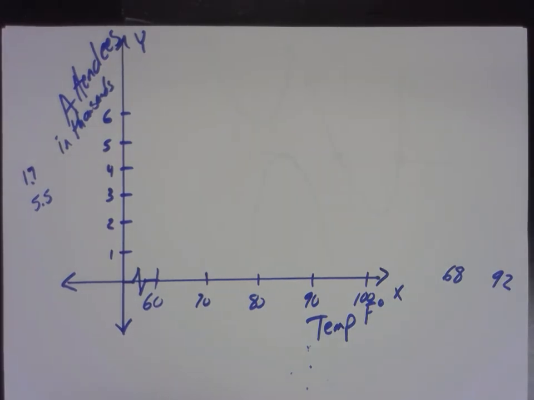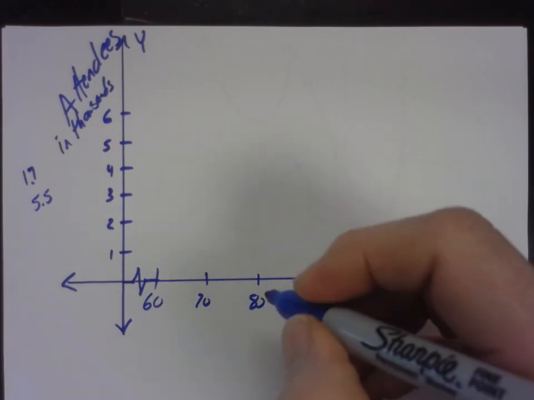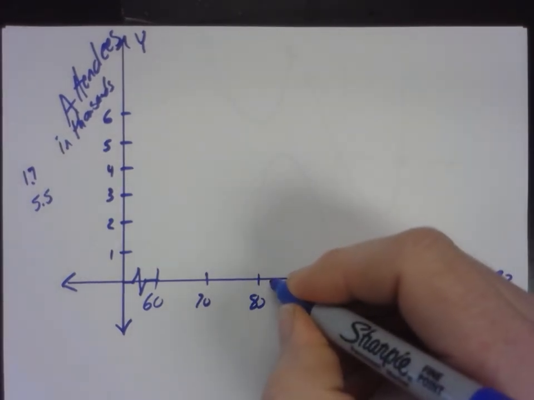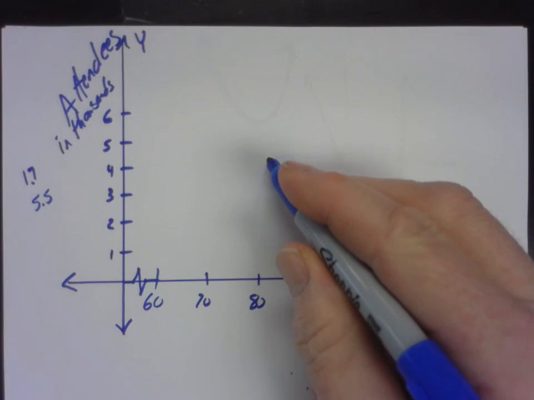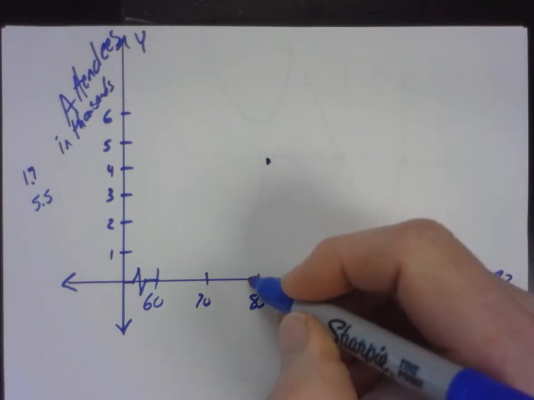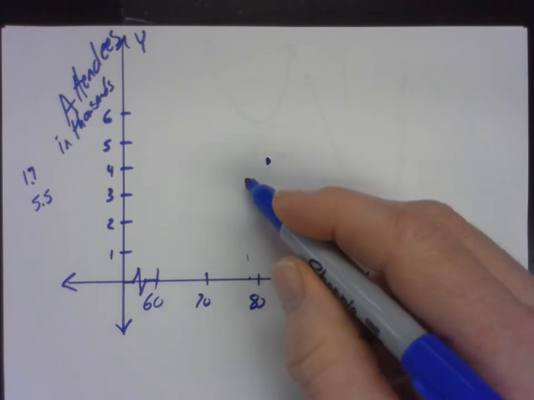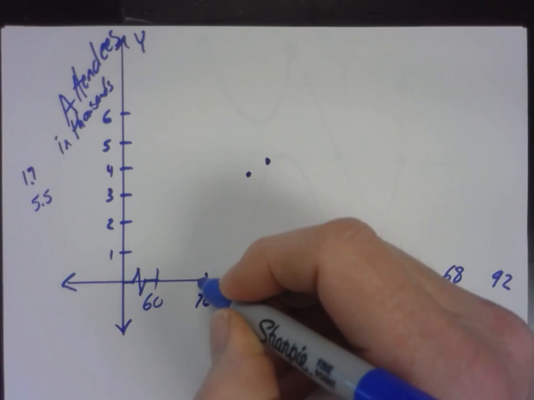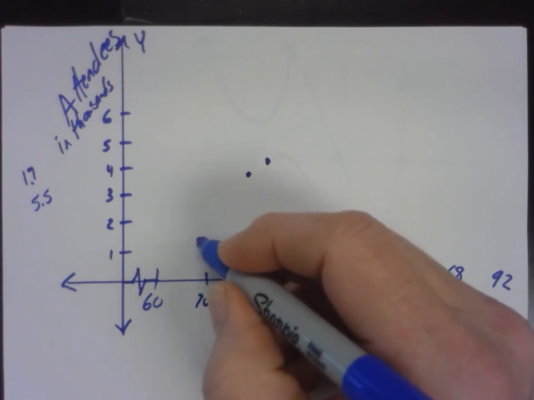82, 4.5. Close? Yeah. 78, 4. Bingo. 68 degrees, 1.7.